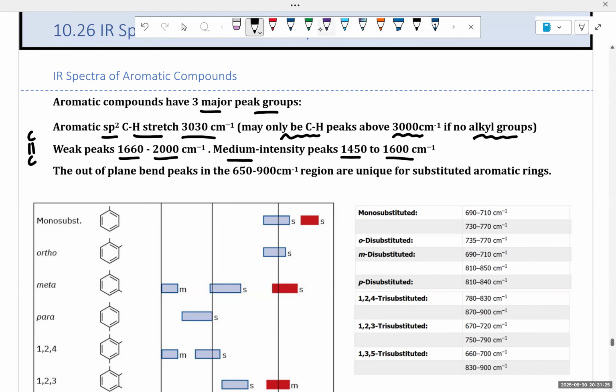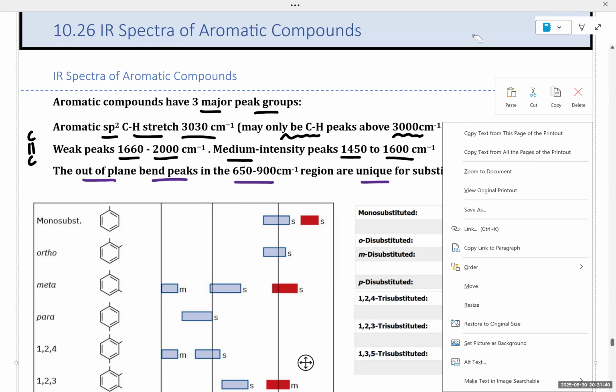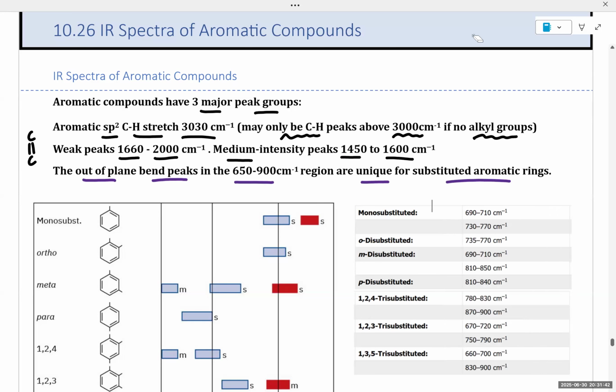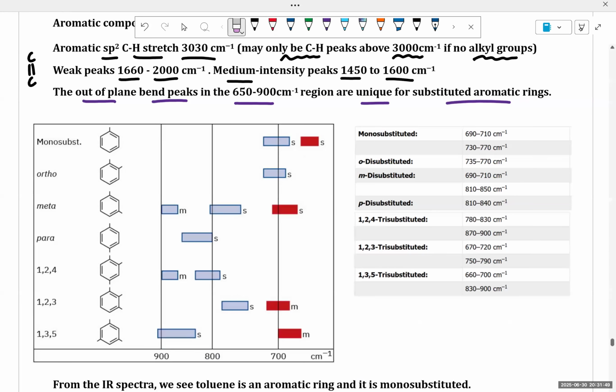One thing that's very unique for aromatic compounds are the out-of-plane bend peaks in the 650 to 900 centimeter region that are unique for substituted aromatic rings. Here is a table that indicates the various substitution patterns for the out-of-plane bend peaks for different substitution patterns for aromatic rings.